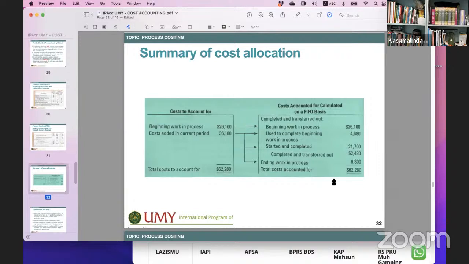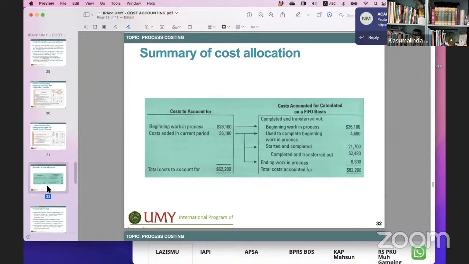The same basis of cost, and they just transfer it to different units. At the end, the results become completed and ending work in process. So all these costs that we process in the beginning will be transferred to completed, 52,480 the total, and part of it as ending work in process, which is 9,800, and the total should be 62,000.